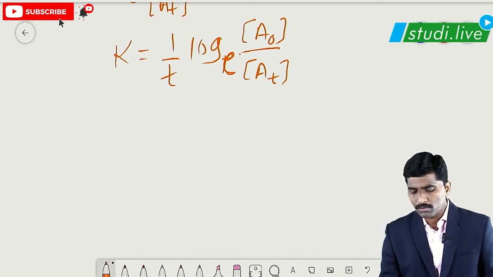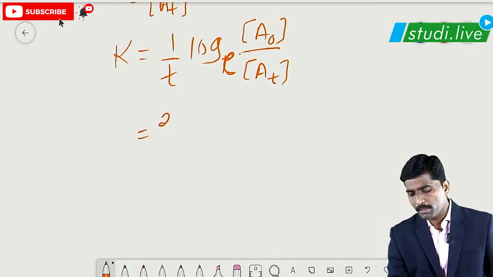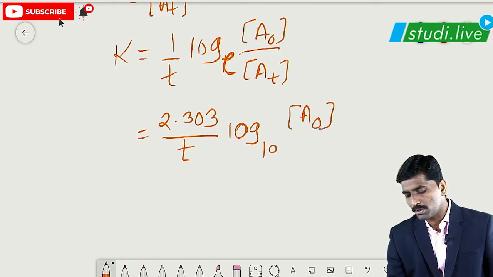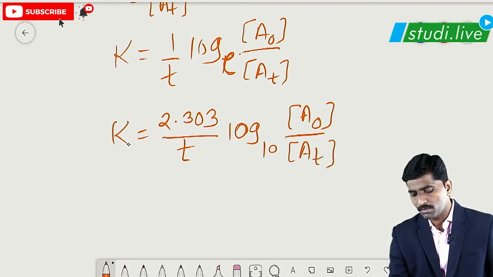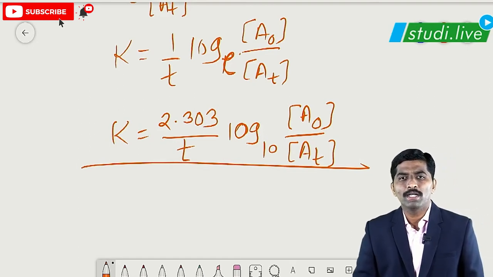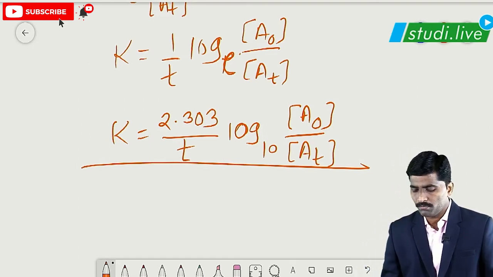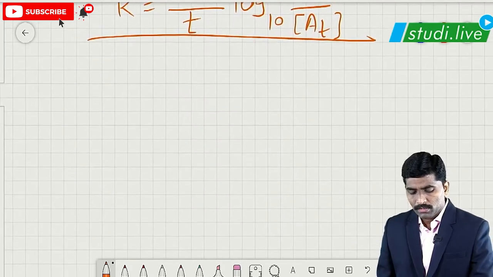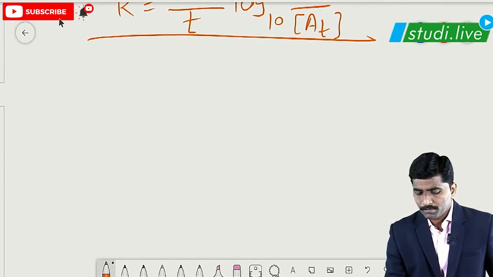So, to convert it into decimal log, I will multiply this equation with a factor of 2.303, so k equals 2.303 upon t log to the base 10 of concentration A0 upon concentration At, and this is our expression for integrated rate law of first order reaction. But consequently, we will continue with this only.